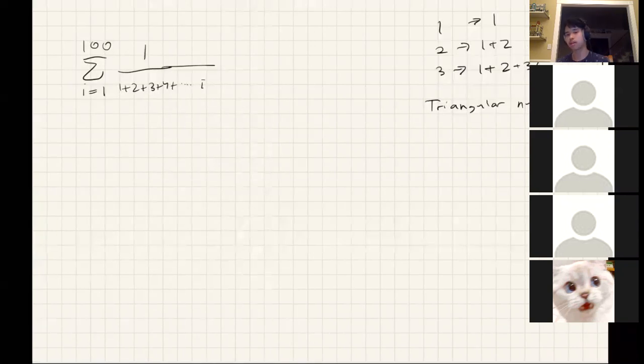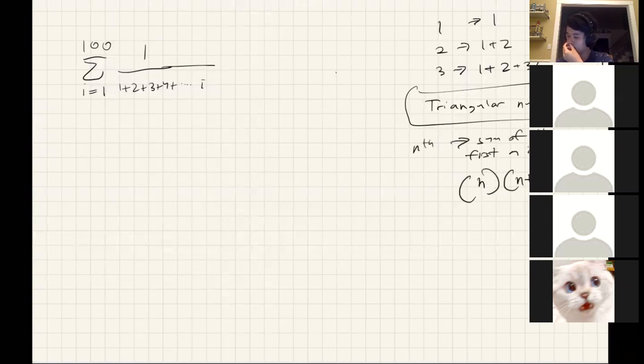Okay. So this is the first telescoping problem that I'm going to cover, and it's about the triangular numbers. You've seen this a billion times before. The nth triangular number is the sum of the first n integers, which is n times n plus 1 over 2.